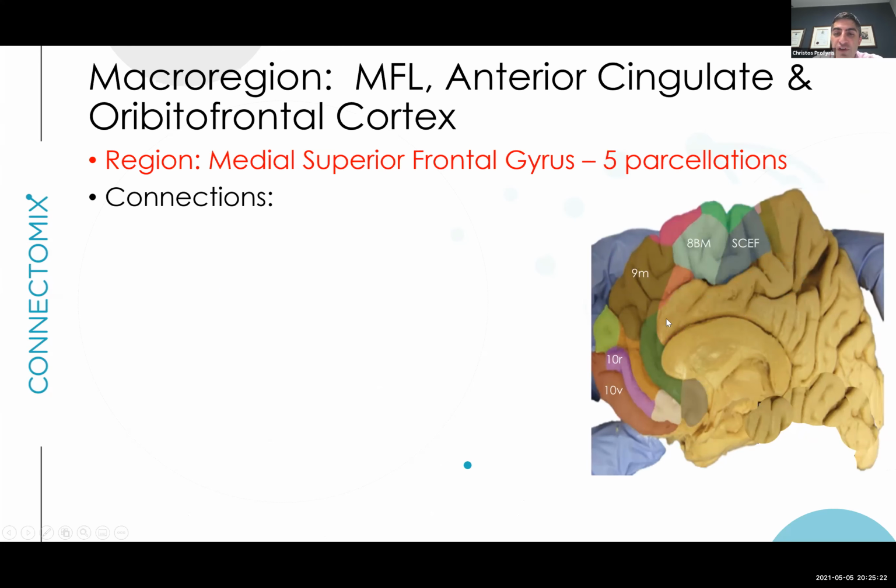Okay, moving on to the medial surface, 2 more regions. So we're looking at the medial superior frontal gyrus. That has 5 parcellations: the SCEF, 8BM, part of the 8 complex, 9M, part of the 9 complex from the superior frontal gyrus, and then the 10R and 10V, which is a continuation of the 4 10 parcellations on the anterior pole of the frontal lobe.